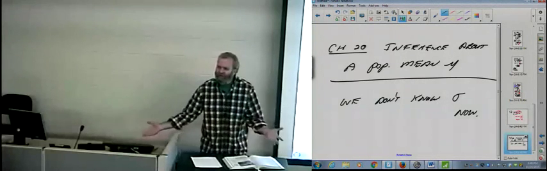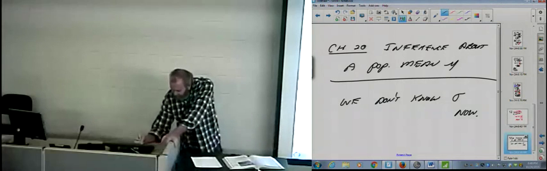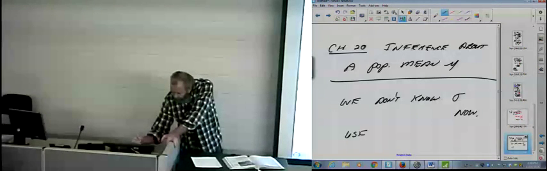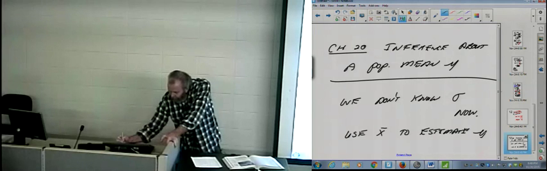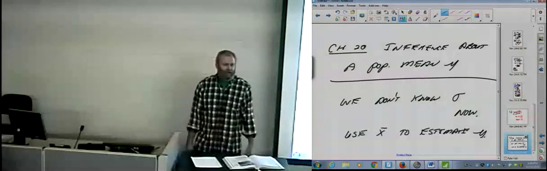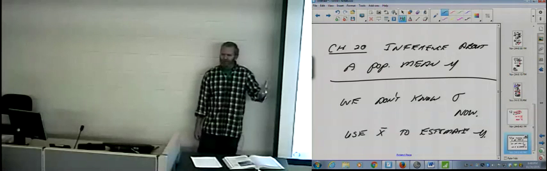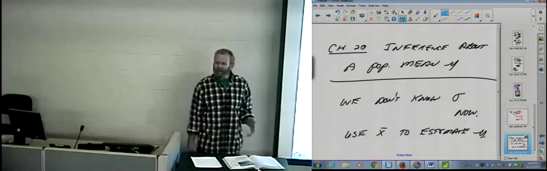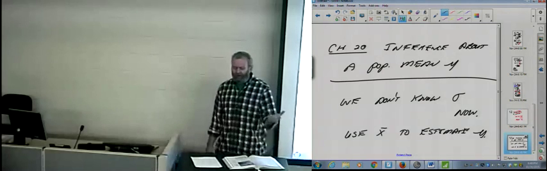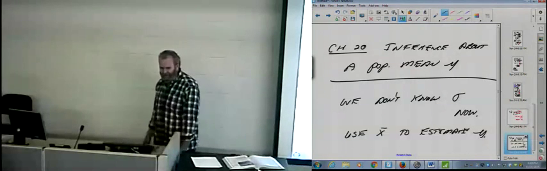We're still going to use x bar to estimate mu. That's not going to change. My interpretation of the confidence interval, with 95% confidence or we are 90% confident, whatever, that's still the same. The interpretation of your p-value is still exactly the same.